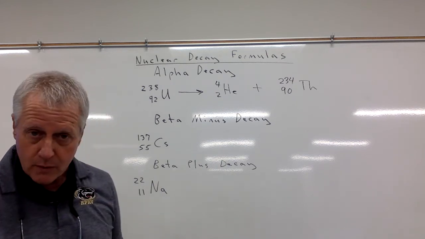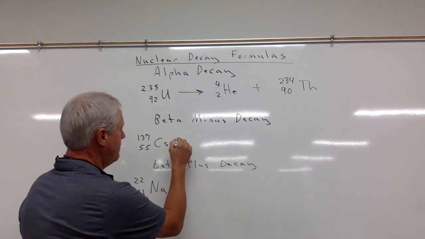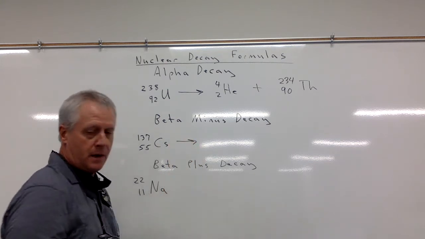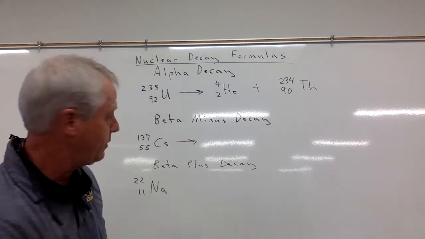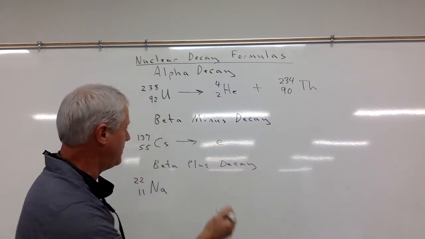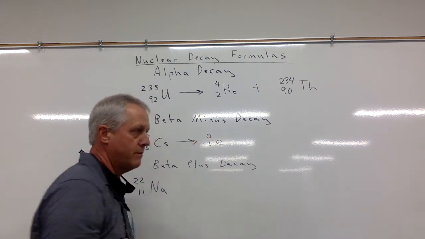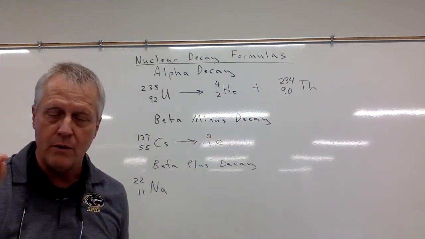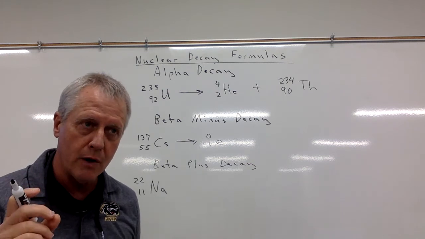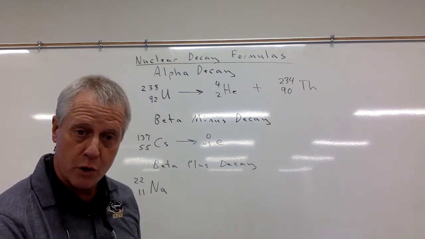Now, in beta minus decay, this is a little different. The symbol that is used looks like this, e for, I guess, electron in a sense. It's thought of as thinking of the nuclei, one of the neutrons breaking apart into an electron and a proton.